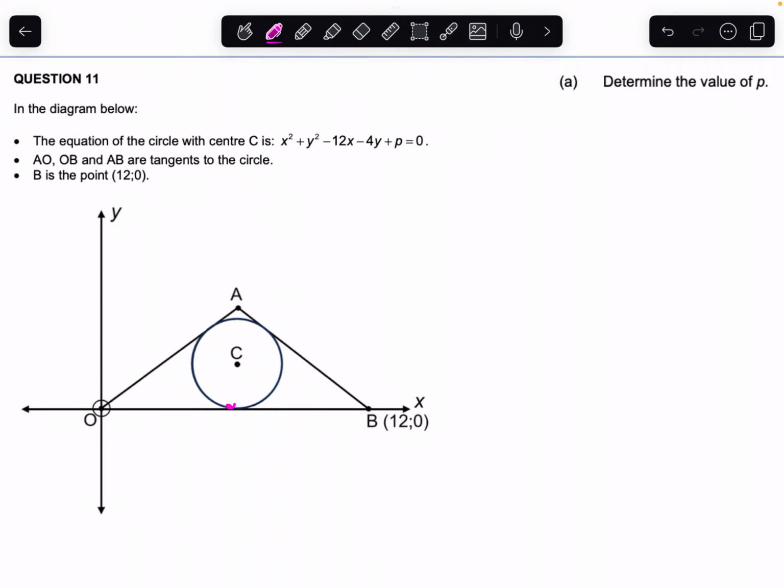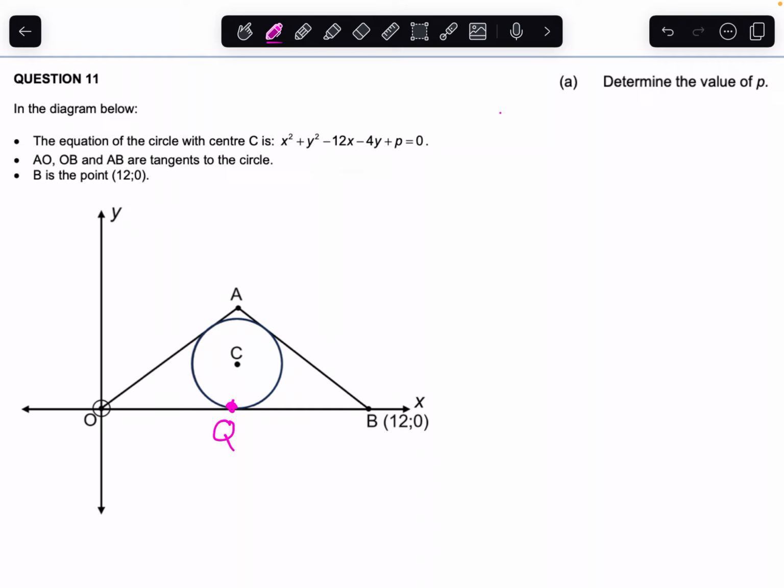I'm going to call this point P. Well, maybe P is too close to that P over here. So I'll call it another letter. I'll call it Q, and I'll explain what Q is.